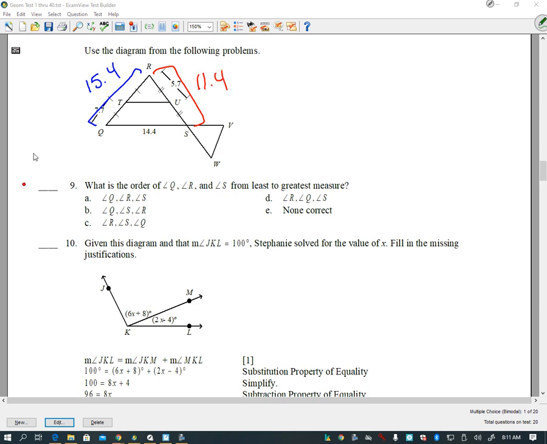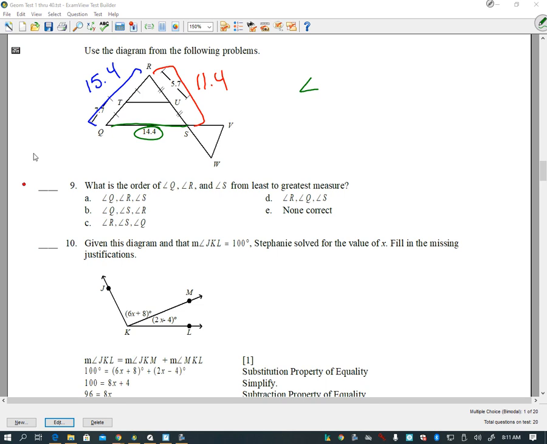Okay? And this side, we already know, is 14.4. So notice it says order these from least to greatest. So what angle is opposite the shortest side? Well, what is the shortest side?